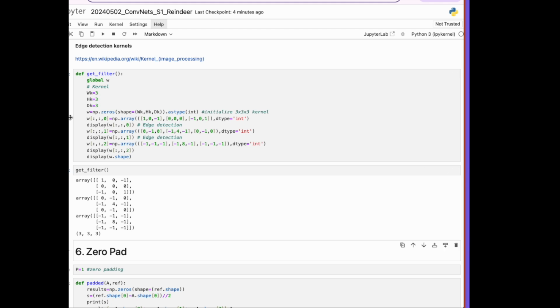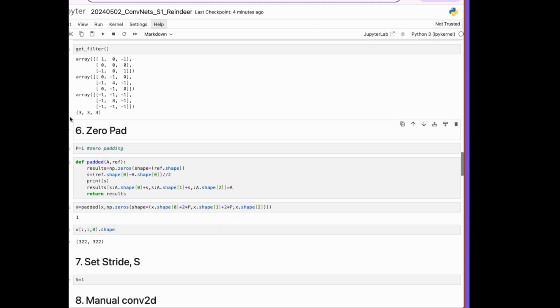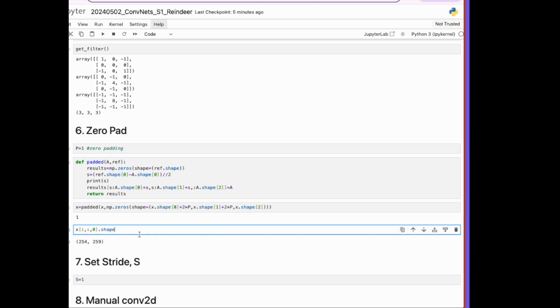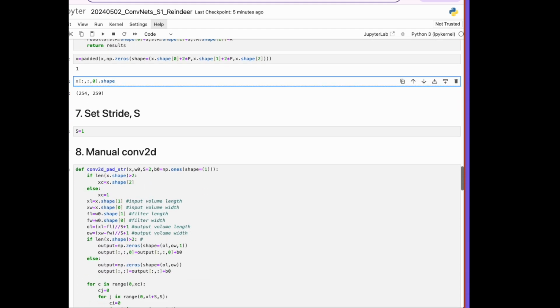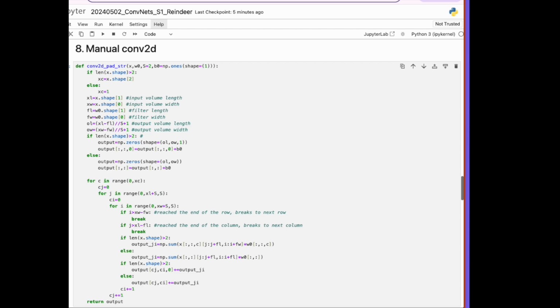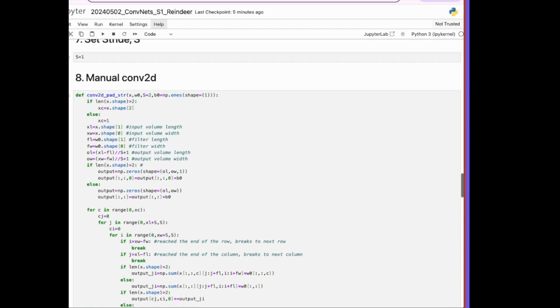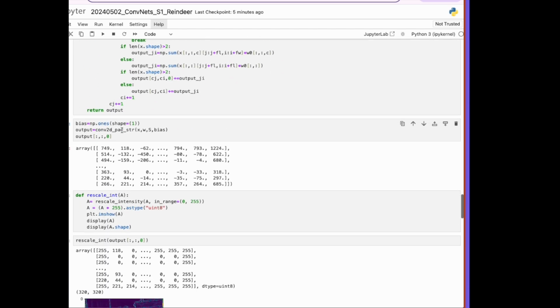So we define a filter. We say padding is 1. So after padding, the shape is 254 times 259. We set the stride to 1, and we define the manual convolutional layer.